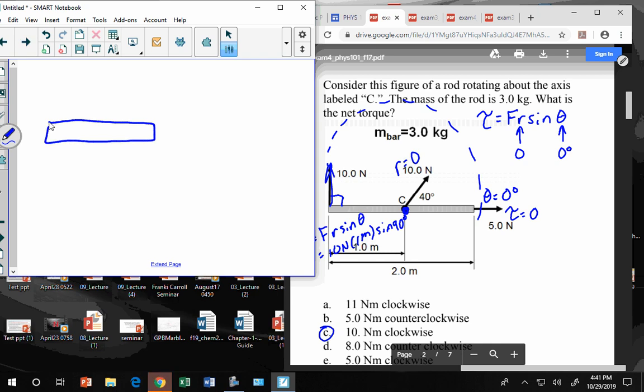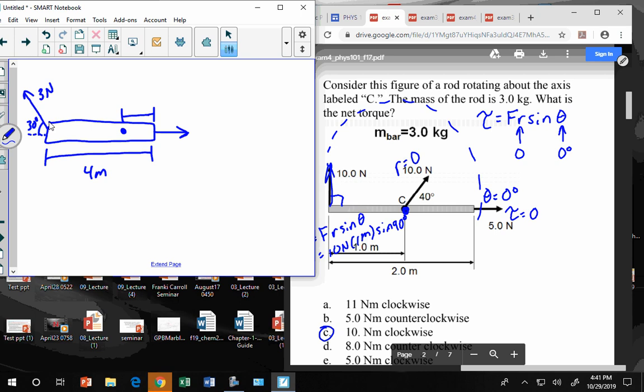I'll just make one up. Let's say that my axis of rotation is right here. Let's say I have a force here at an angle of 30 degrees. We'll say that this is 3 newtons. Say this is 4 meters.